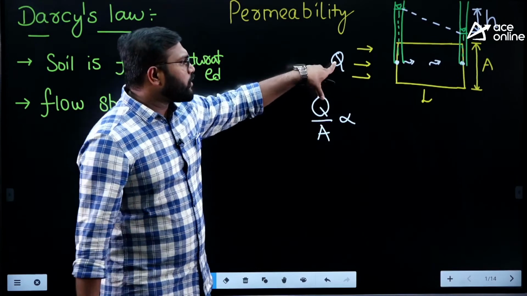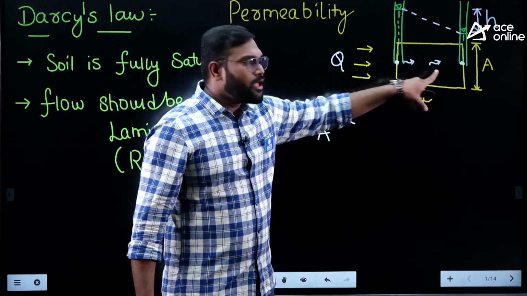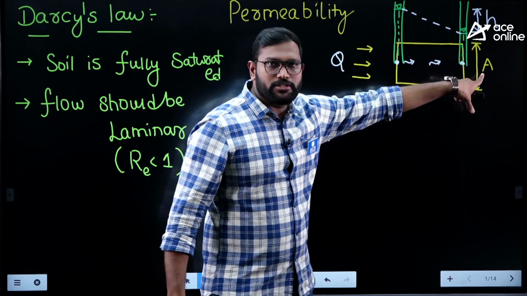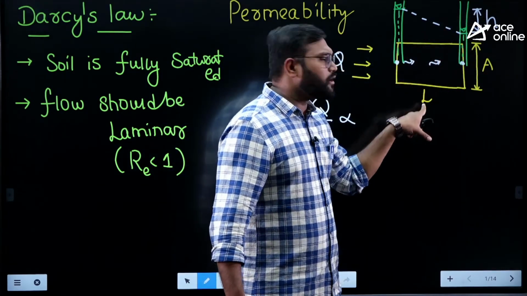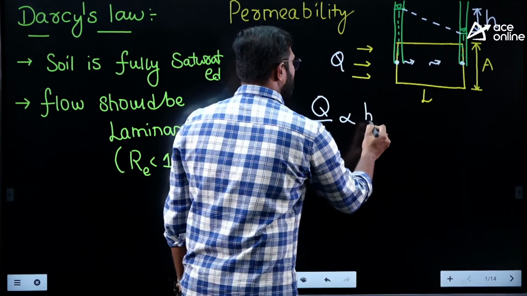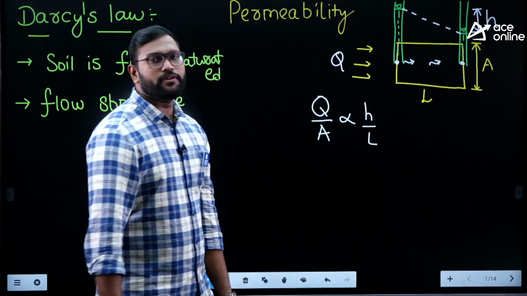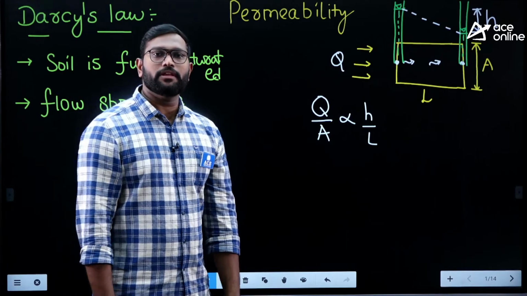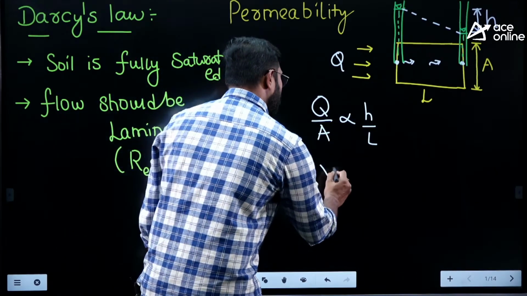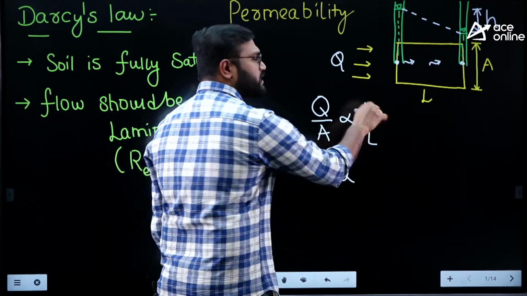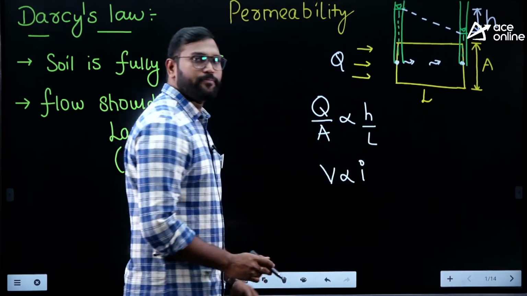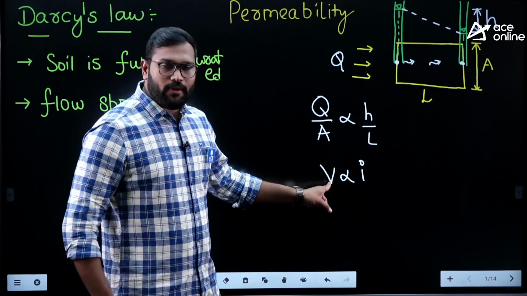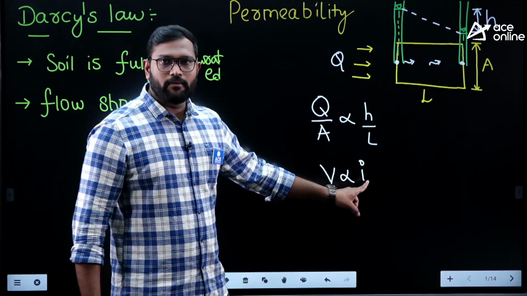So when flow is passing through the soil, the flow rate per unit cross section area depends on how much head is lost per unit length, H by L. From the continuity equation, Q equals A into V, so can I write Q by A as V? And H by L, head loss per unit length, is the hydraulic gradient. You see here, the velocity is proportional to i. What is the power?